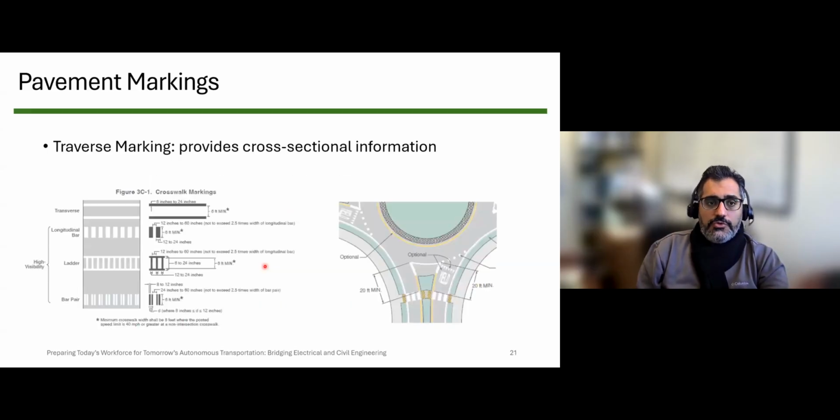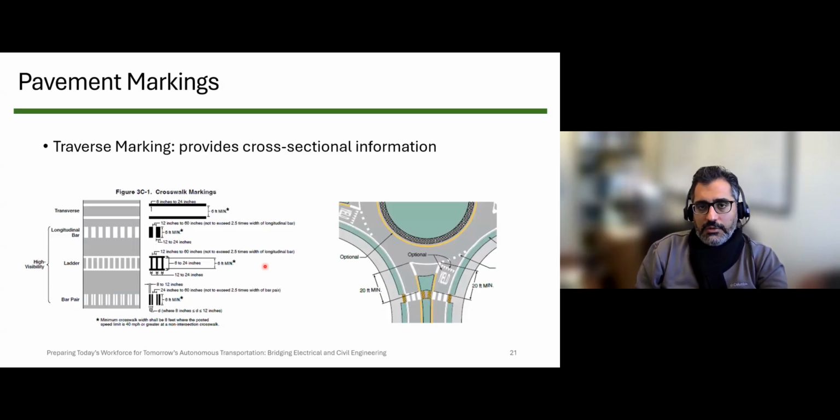We also have transverse markings that provide cross-sectional information. The most important cross-sectional information is crosswalk markings, pedestrian crossings. According to MUTCD, you could have four different types of pedestrian crosswalks: transverse, longitudinal bar, ladder, and bar pair.